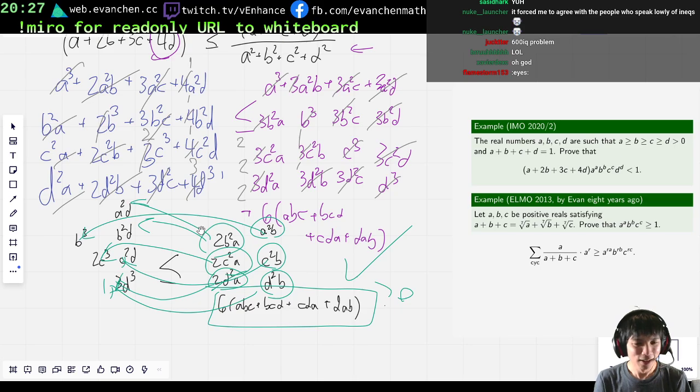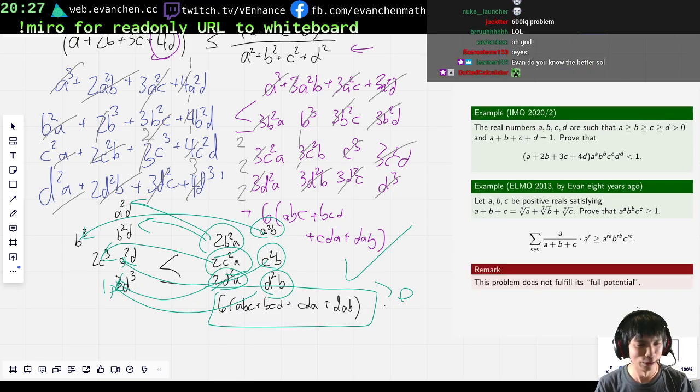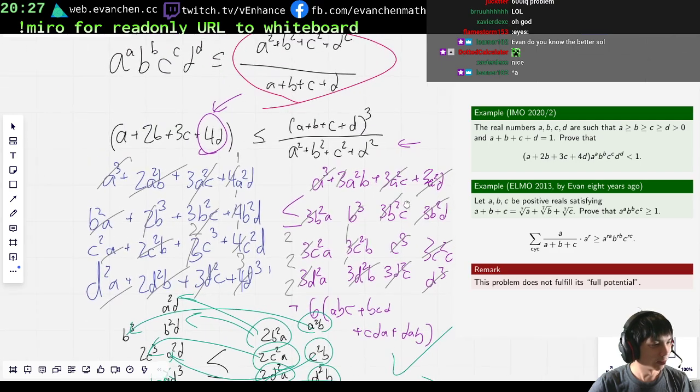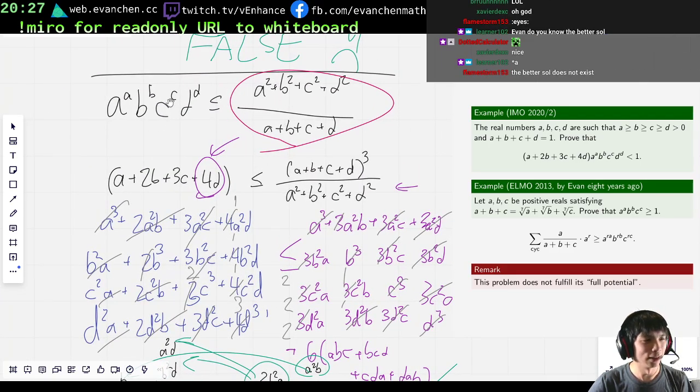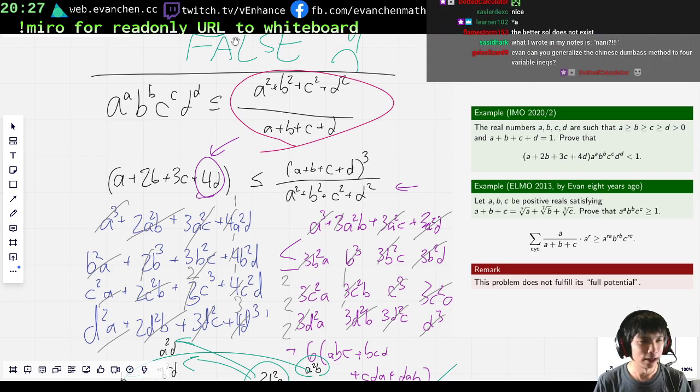I made a remark on the previous thing where this problem does not fulfill its full potential. And the reason is that this inequality has nothing to do with any of the given conditions. Even the condition that the sum is equal to 1 is not related to this. It's this weighted AMGM, and then the expansion is just, you just expand.